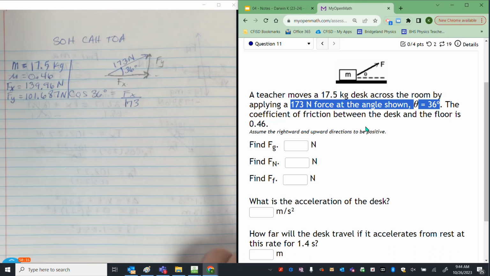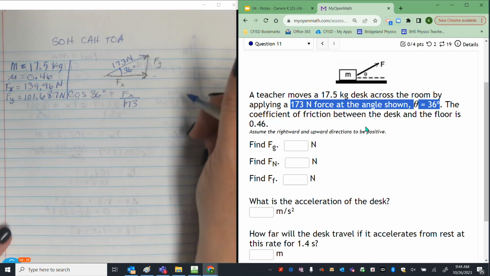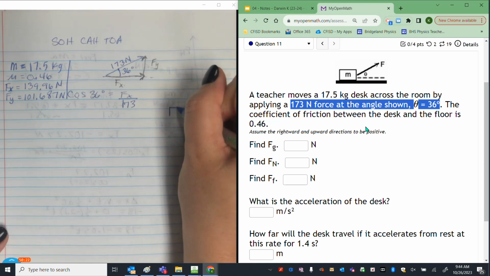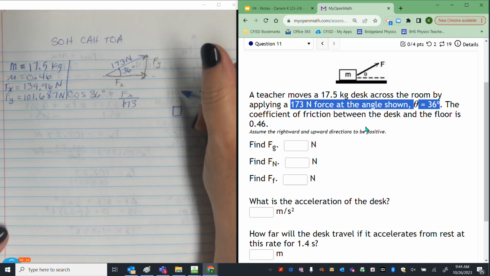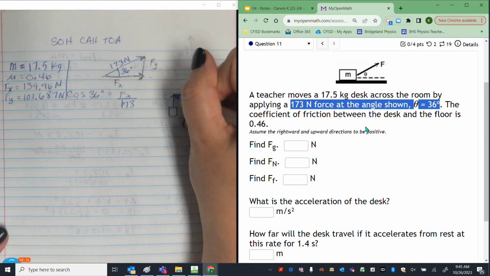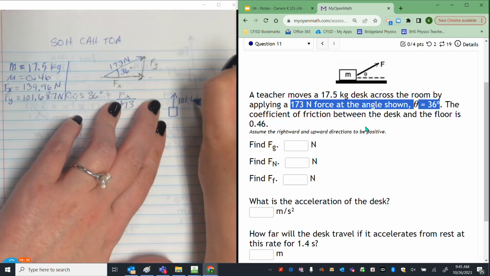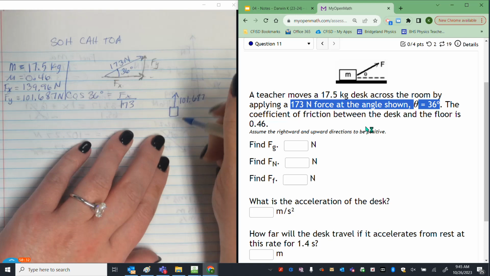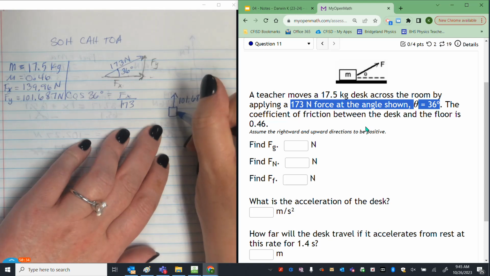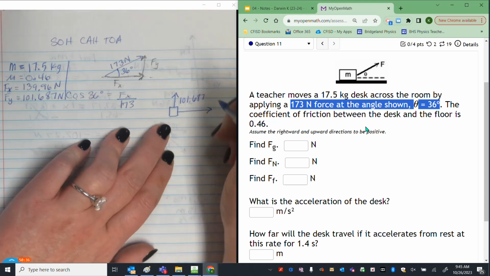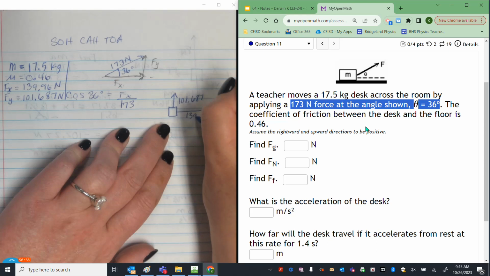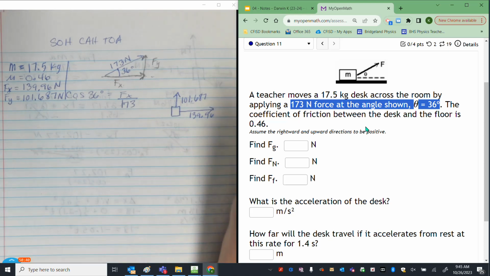I can draw in the rest of the forces if I want to go ahead and draw a free body diagram, and I can show now that I have this upward force Fy of 101.687. I have this rightward force of 139.96. Again, those are the two components of the angled force.